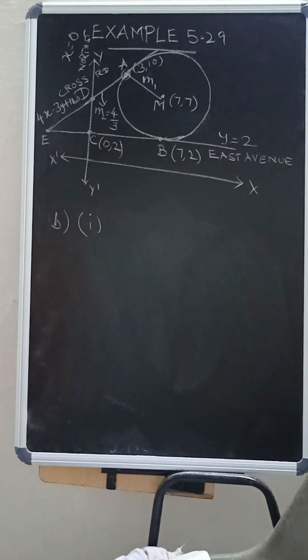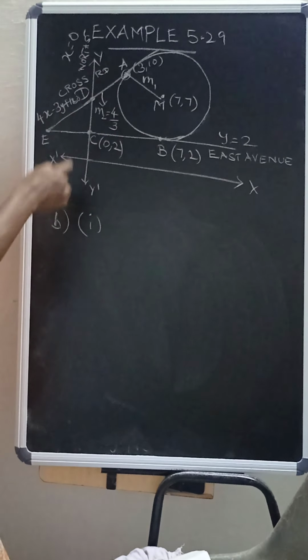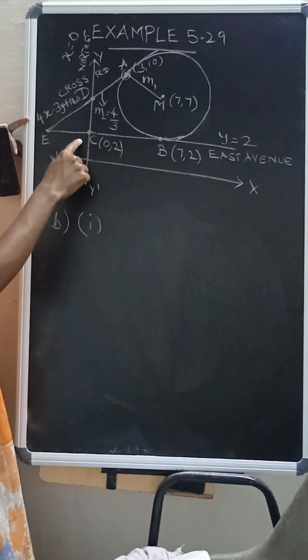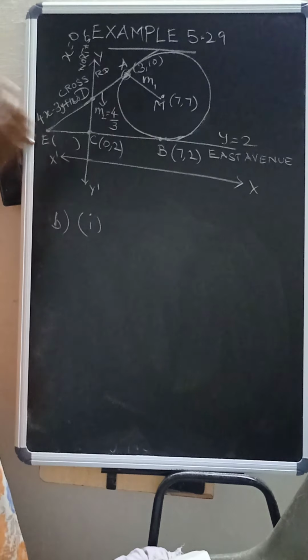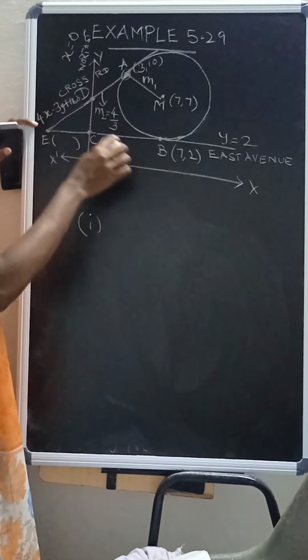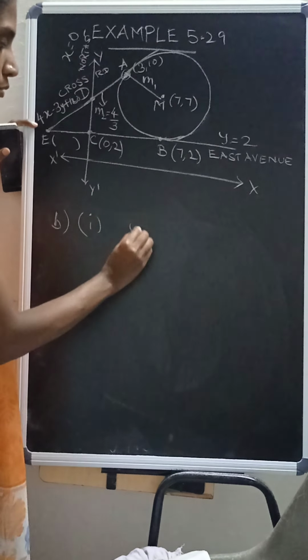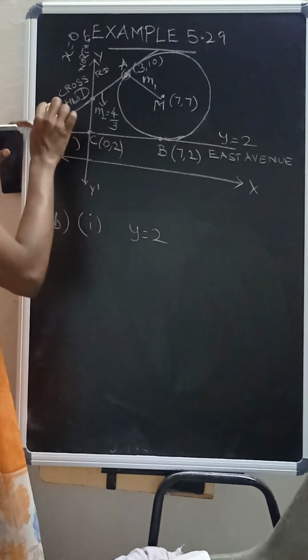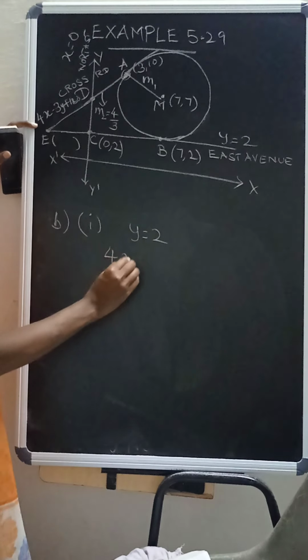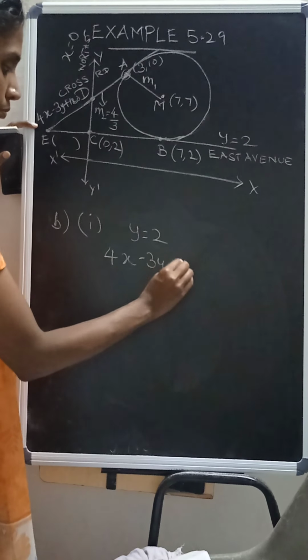Now B part of the question, where does the crossroad intersect the East Avenue? So where does the crossroad intersect the East Avenue at the point E? So now you need to find the point E. So we need to solve this equation and this equation. You have y is equal to 2 as the East Avenue equation. Now substitute y is equal to 2 in the crossroad equation.